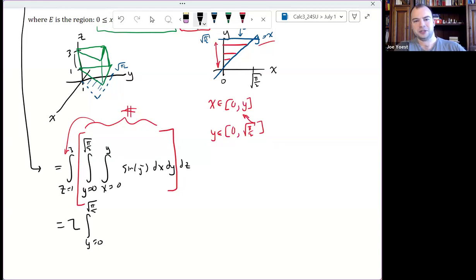Again, we notice that symmetry here: our region of integration doesn't look different, the cross sections don't look different as I increment along z. So I leveraged that intuition from the geometric side. I saw it on the algebraic side as well, checked with my integrand, no problem there. Use the symmetry to simplify things.